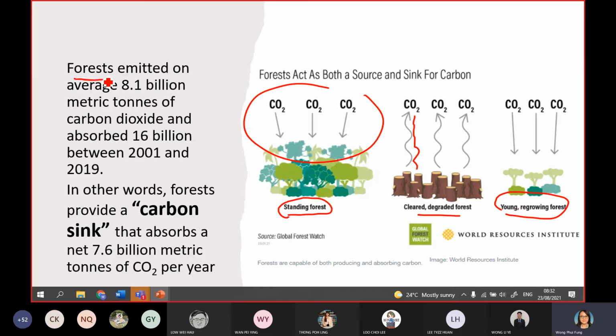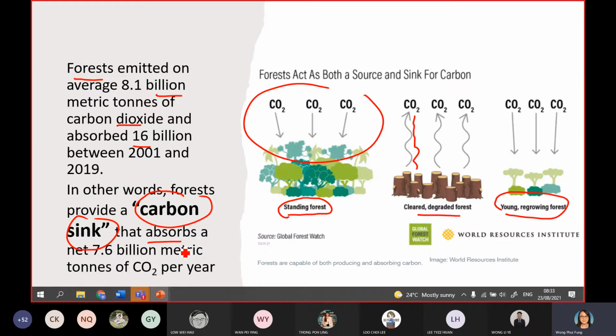Okay, so forests emitted an average of 8.1 billion metric tons of CO2 and absorbed 16 billion between 2001 and 2019. So in other words, forests actually act as a what? Carbon sink, meaning to say that because they absorb the CO2, they function to absorb the carbon.